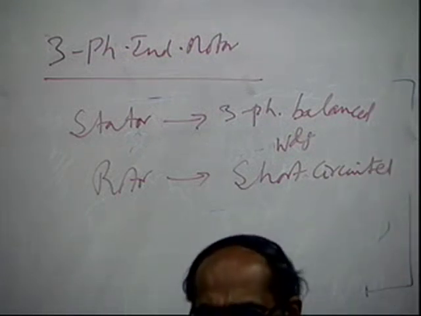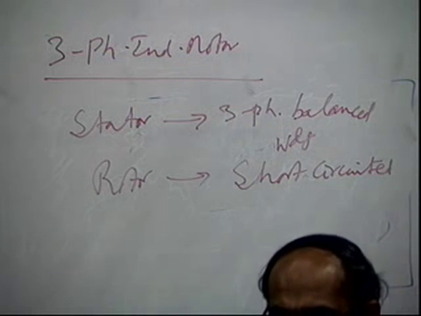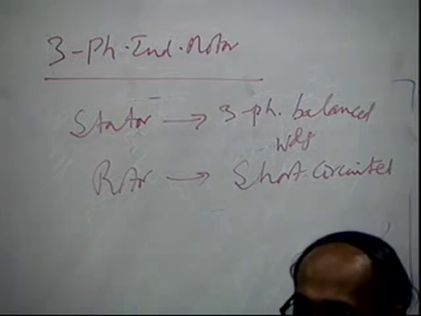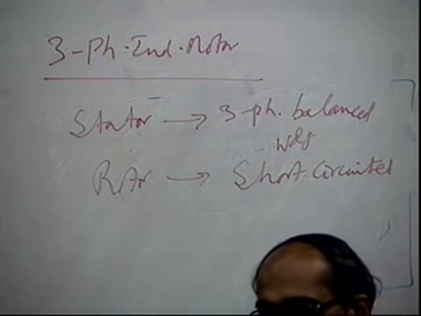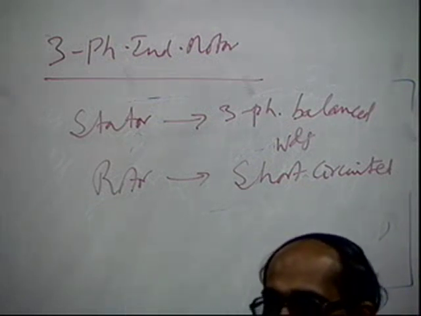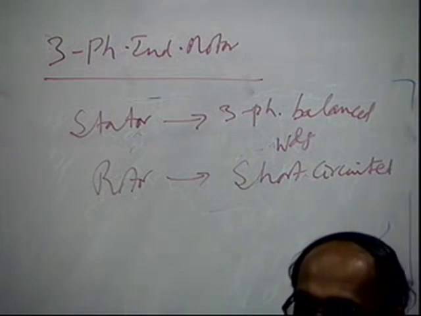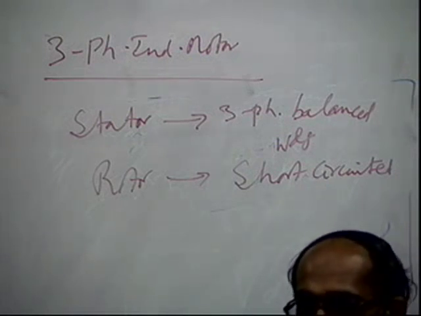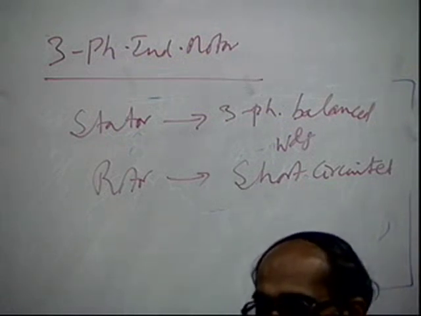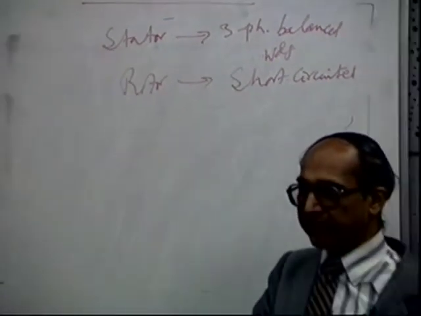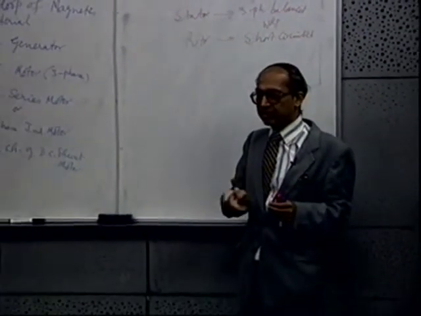Broadly, what happens is that whenever you apply a three-phase voltage, as we will show later in theory, it creates what is known as a rotating magnetic field in the air gap, because the currents are changing with time in three phases and the windings are there, so it is as if you are spinning a magnet at constant speed.